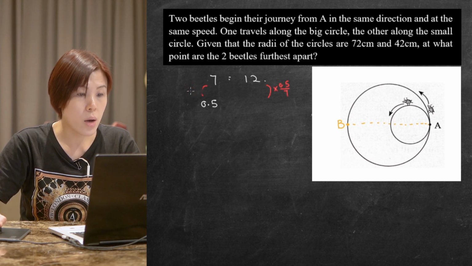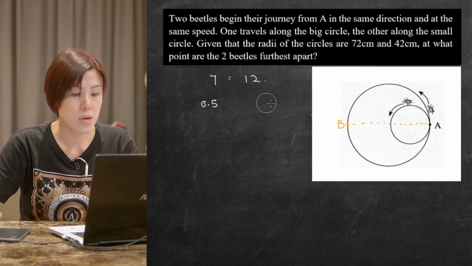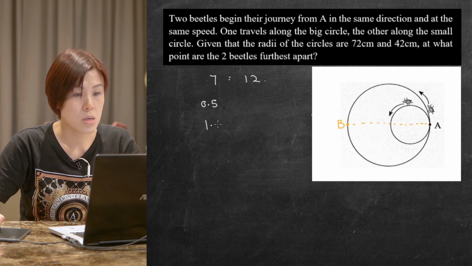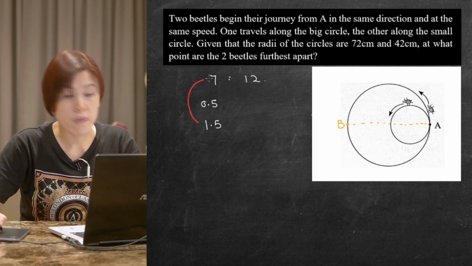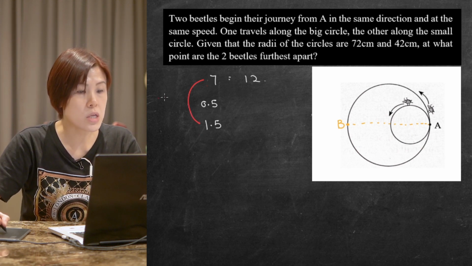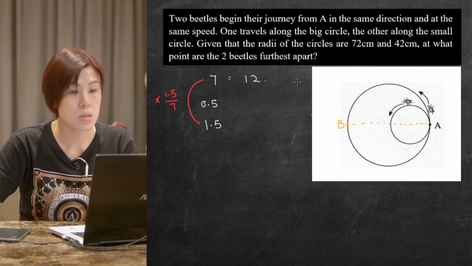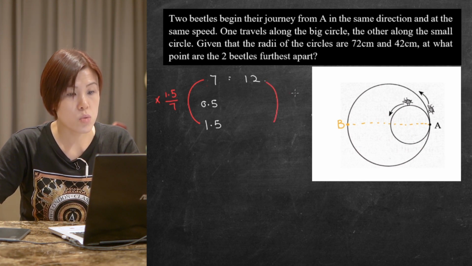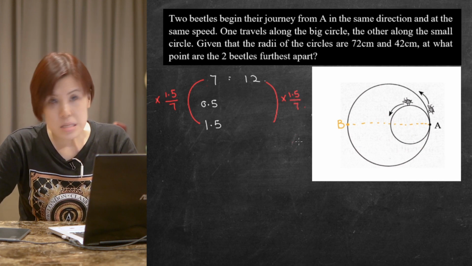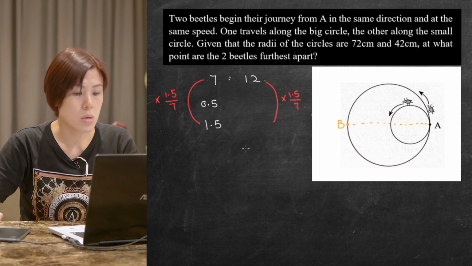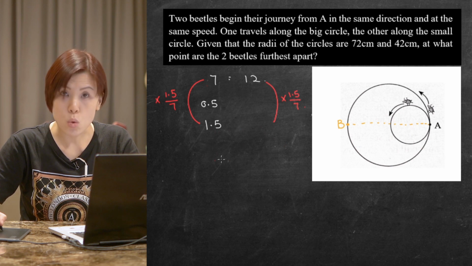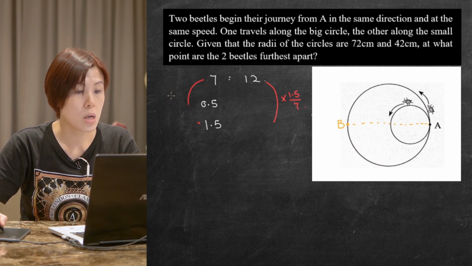So how about 1.5? 1.5 round. So for 7 to become 1.5, we will need to multiply by 1.5 over 7. So we multiply by 1.5 over 7 on the other side as well. But it doesn't give us a whole number either.